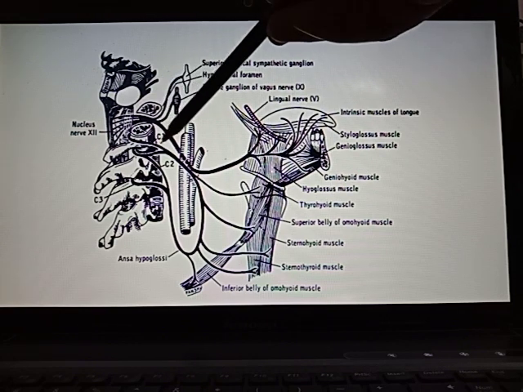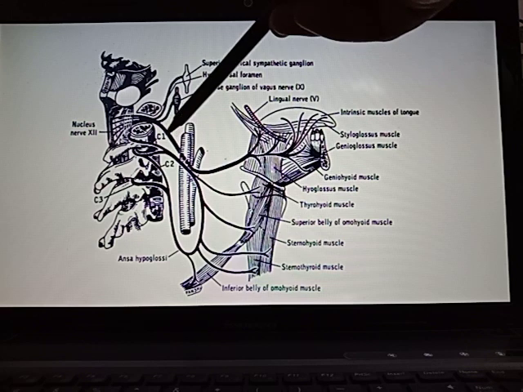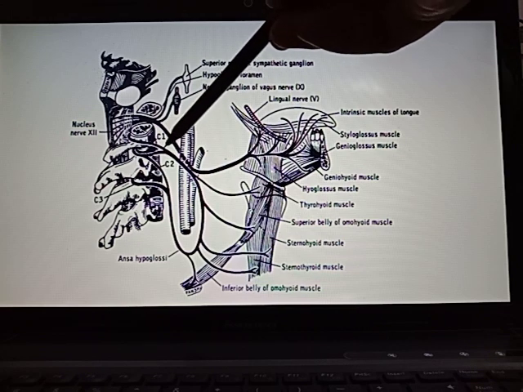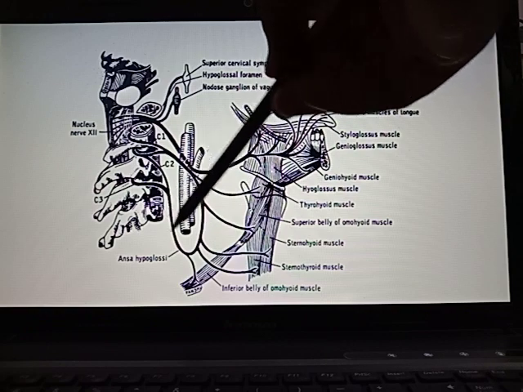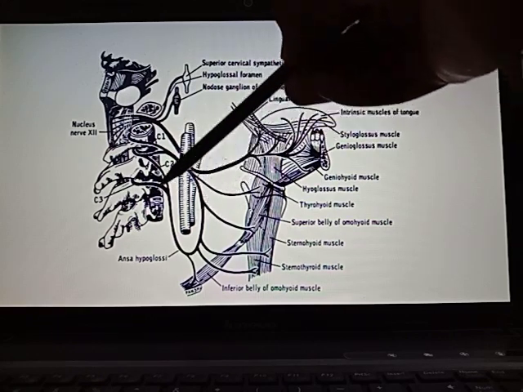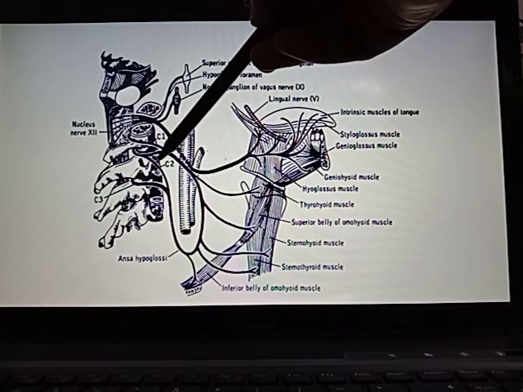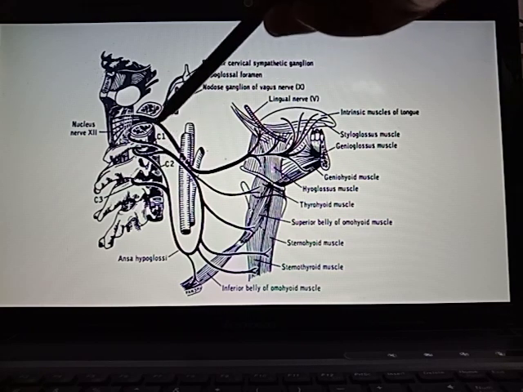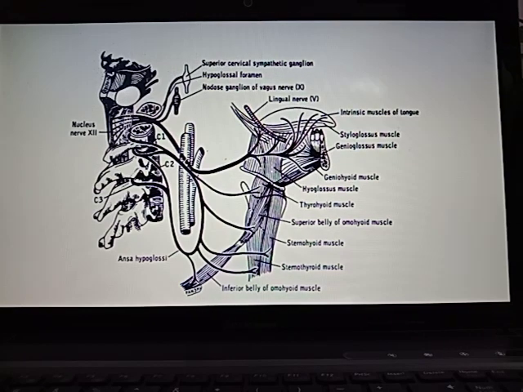Then the C1 and C2, here C1, along with this hypoglossal nerve, forms this ansa cervicalis. The ansa cervicalis is formed by this descending part of the hypoglossal nerve and the descending cervicalis nerve. The cervicalis part comes from C2, cervical 2, and the descending hypoglossal part is formed by C1.